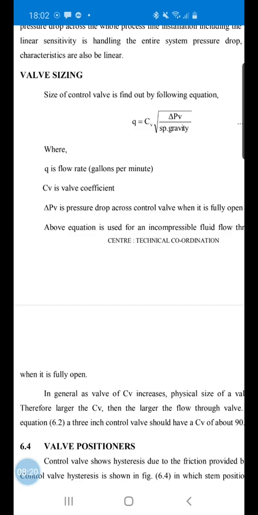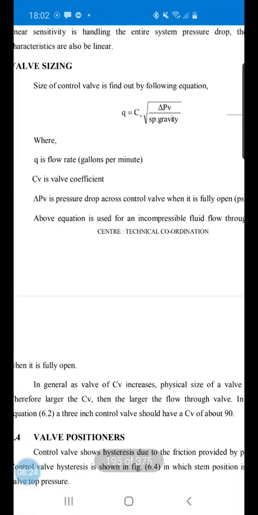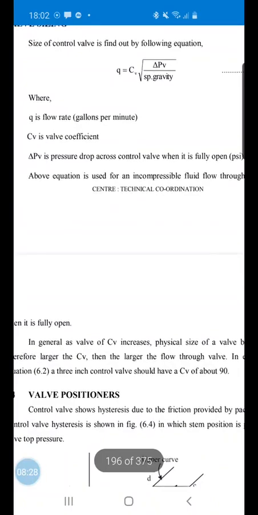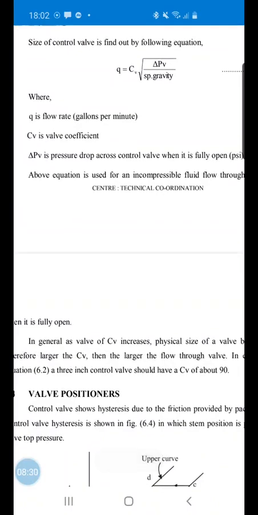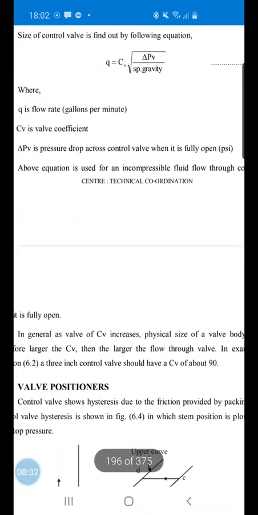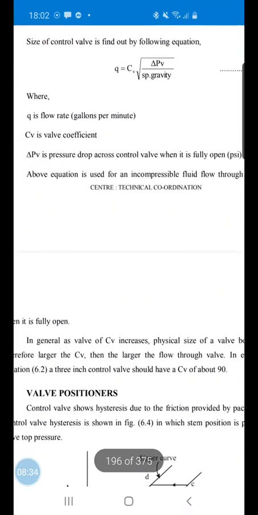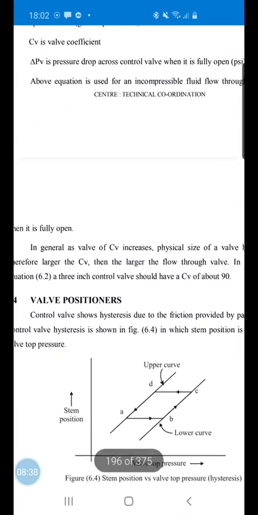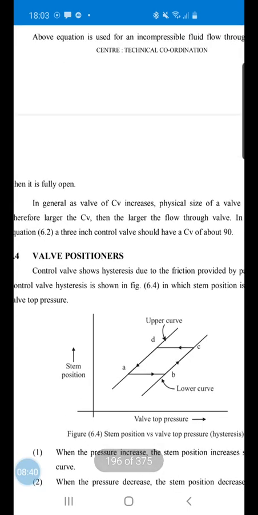Cv is the valve coefficient. Delta PV is the pressure drop across the control valve when it is fully open, and that value is in psi. So the above equation is used to calculate the size of the valve by knowing its flow rate.